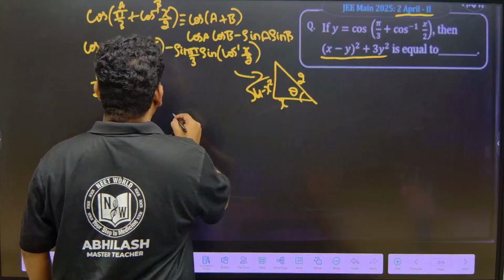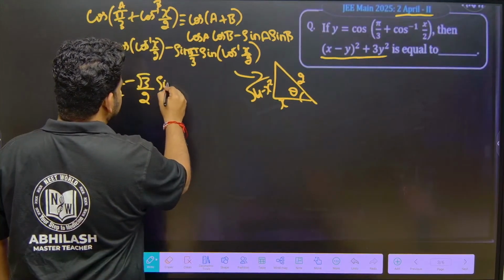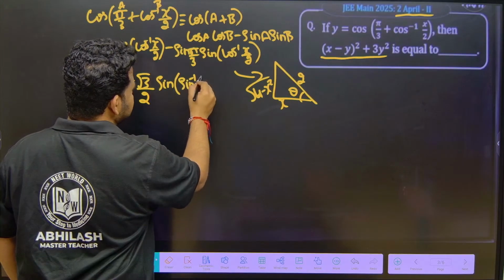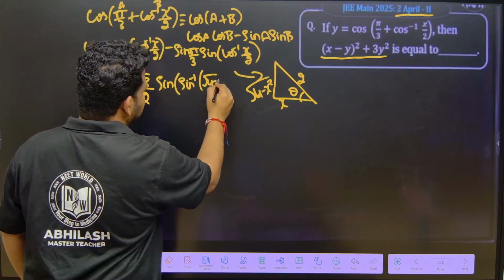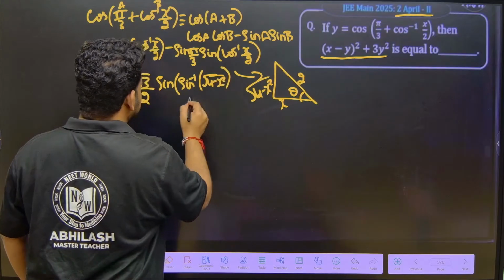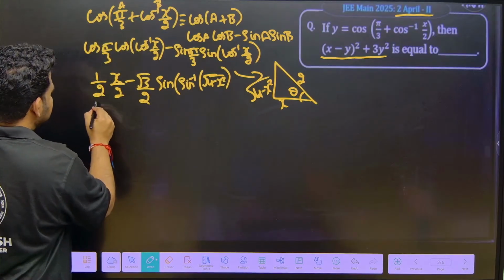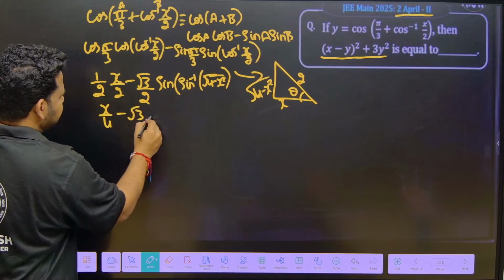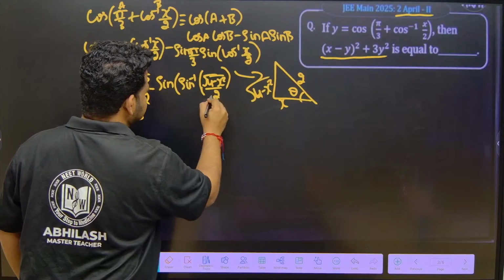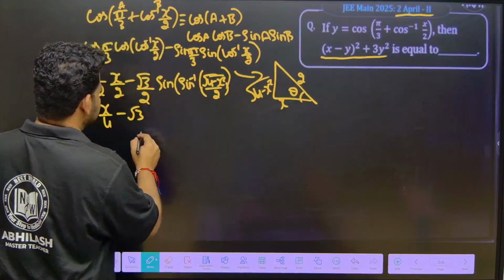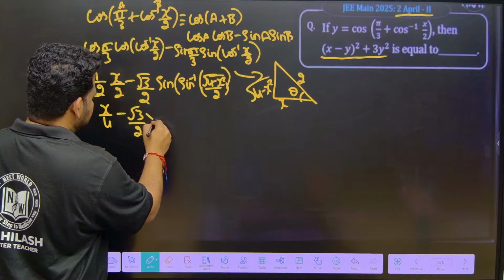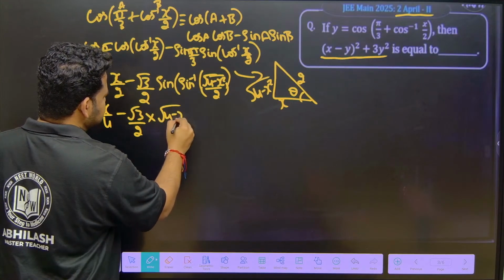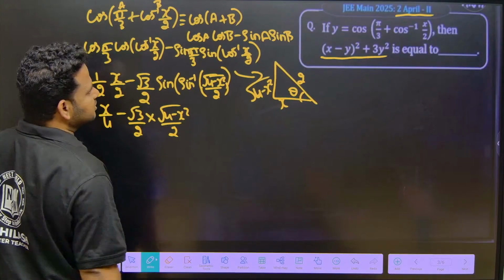So this becomes sin of sin inverse of root of 4 minus x square by 2, instead of cos inverse. So this becomes x by 4 minus root 3 by 2, divided by 2 because hypotenuse is there, into sin of sin inverse of root 4 minus x square by 2.